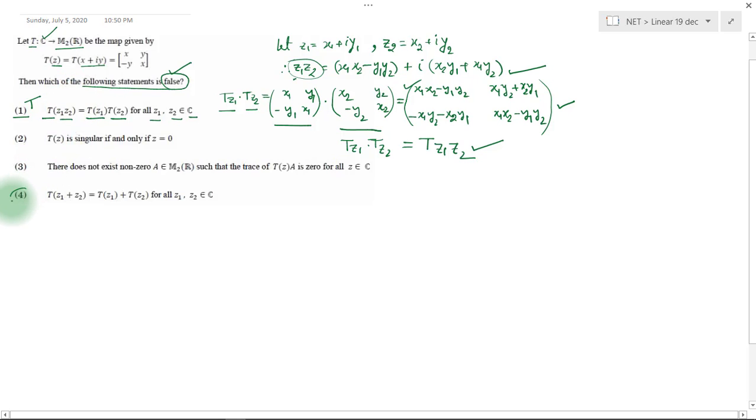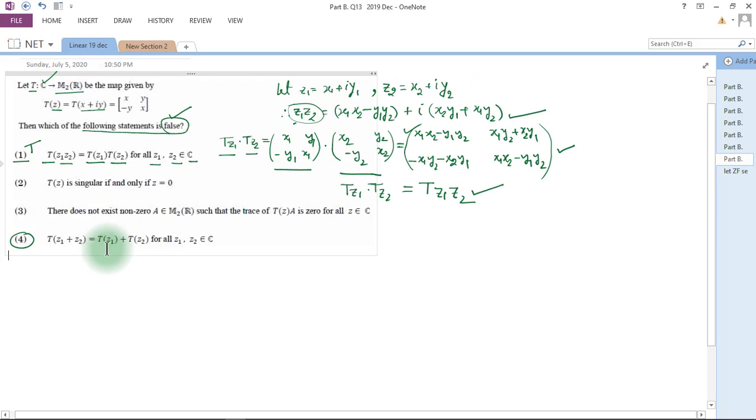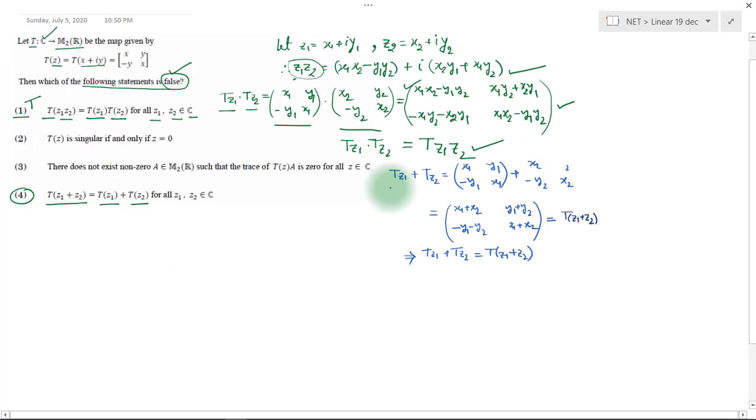Now check option number 4. Here in option number 4 we have to check whether the image of Z1 plus Z2 is equal to T of Z1 plus T of Z2. Here T of Z1 plus T of Z2 will be the sum of these two matrices, and the sum of the matrices will be nothing but the image of Z1 plus Z2.